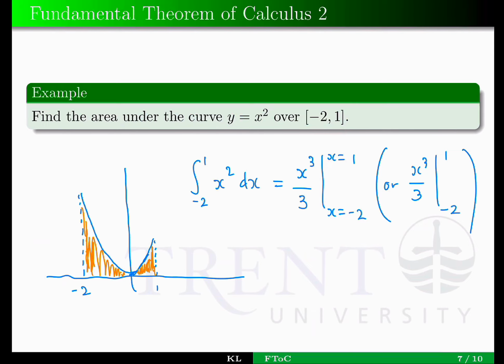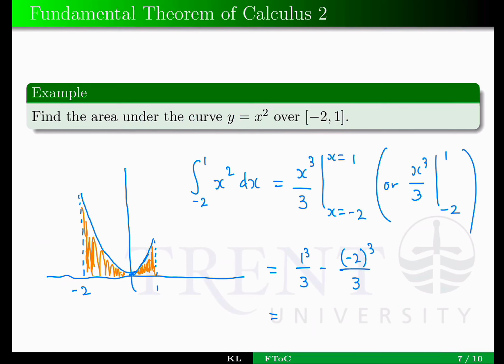So this is the upper limit of integration here. This is the lower limit of integration. So we evaluate the antiderivative at the upper limit of integration minus we evaluate the antiderivative at the lower limit of integration. So this one is just 1 cubed over 3 minus negative 2 cubed over 3.